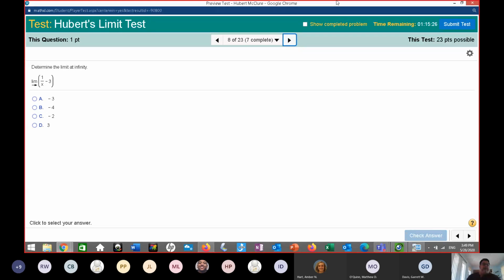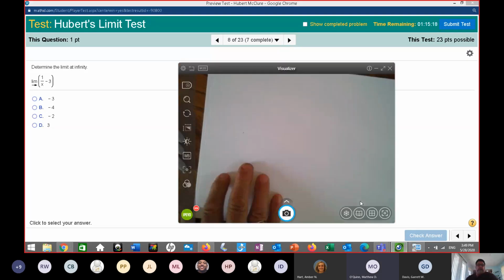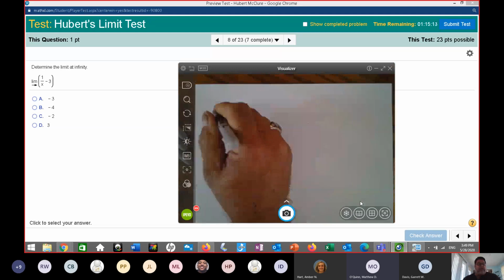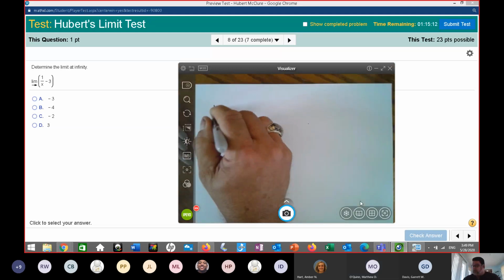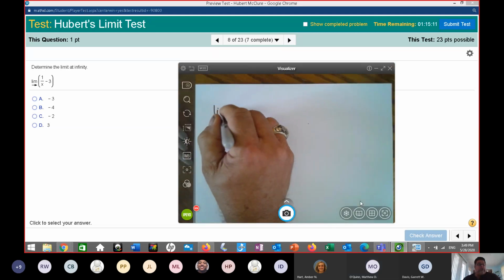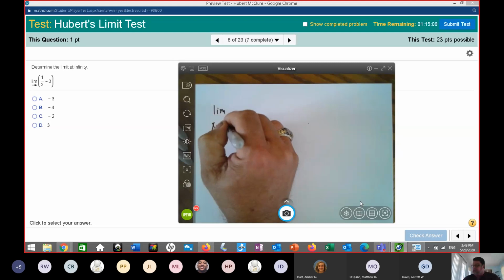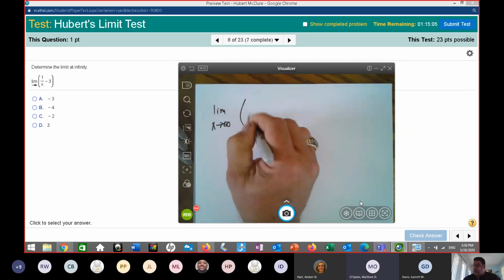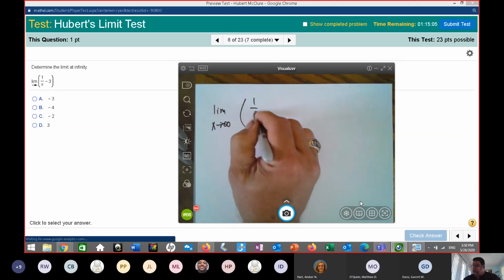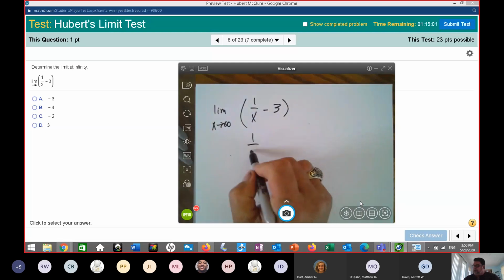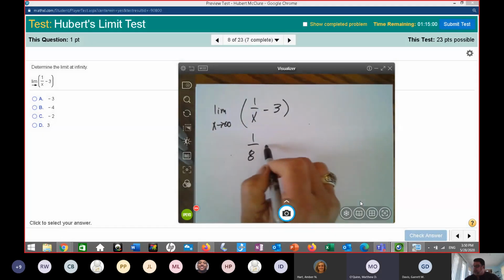Limit at infinity. Oh my, I don't know if we can do this one or not. I think I need to put some harder questions on here. As x approaches infinity of 1 over x minus 3. 1 over infinity minus 3.